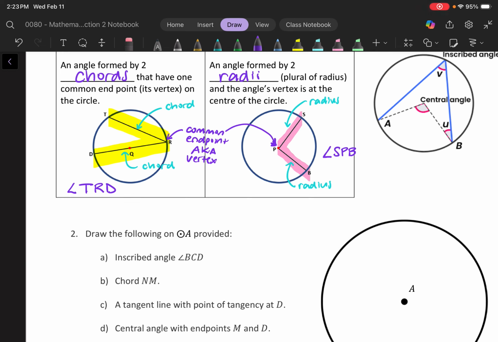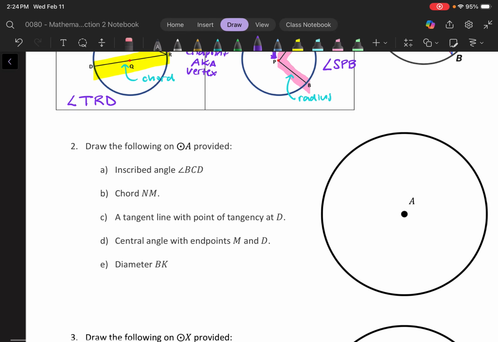There's a lot of new words. Secant, tangent, chord, point of tangency, diameter, radius, which maybe you already knew. Inscribed angle, central angle. There's a lot going on, for sure. But we are going to do our best, and if we have to flip back a page to double check that we're on the right track, awesome. And if we don't, awesome. But we're going to do our best to get there.